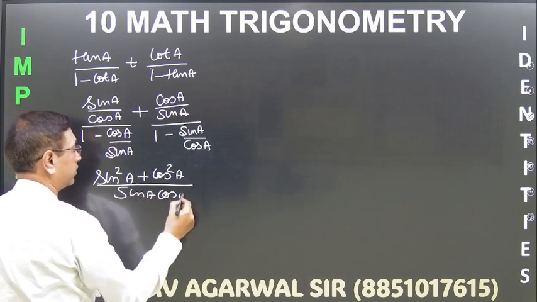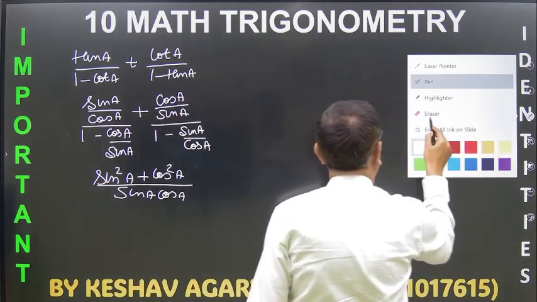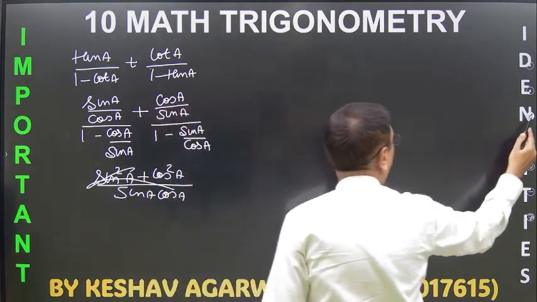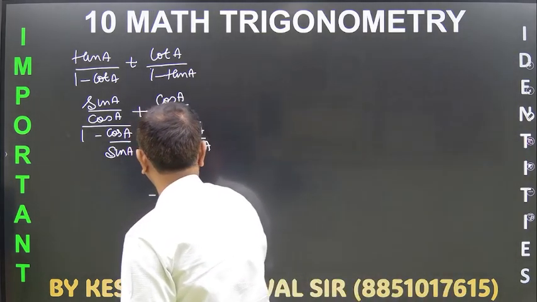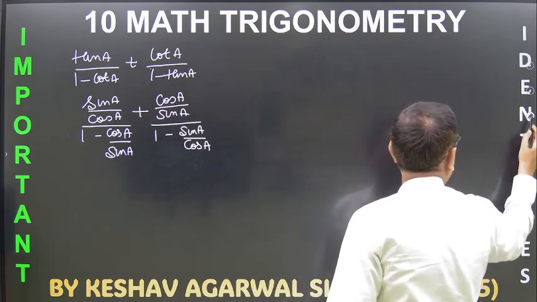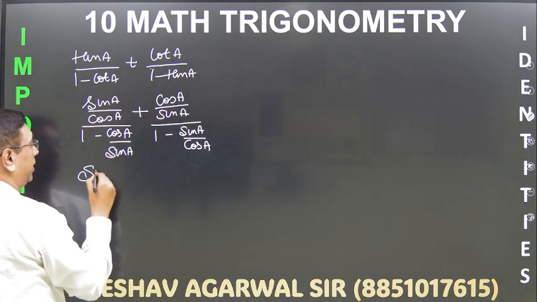Very good. Oh, sorry, let me erase it. This is not what is going to happen. Okay, we are going to go ahead, and first let me make this all right.